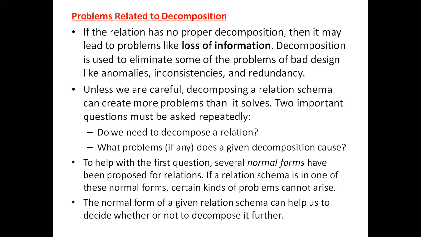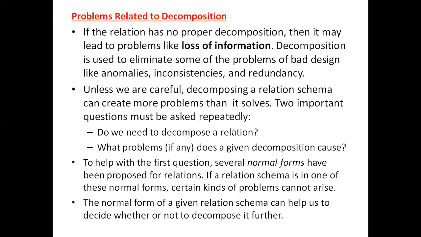So for the first question, we have several normal forms in our normalization topic for a relation. If that relation is in one of these forms, certain kinds of problems cannot arise. It means if we do not have any duplicacy of data in my table, I am maintaining separate attributes, separate values, and it is easy to analyze, then we need not go for decomposition.